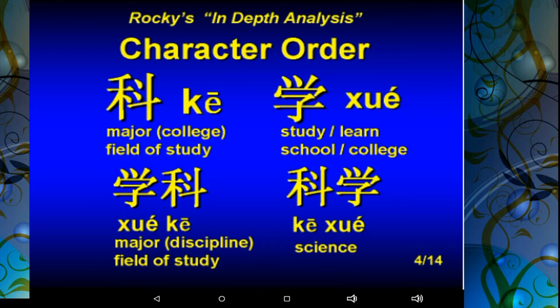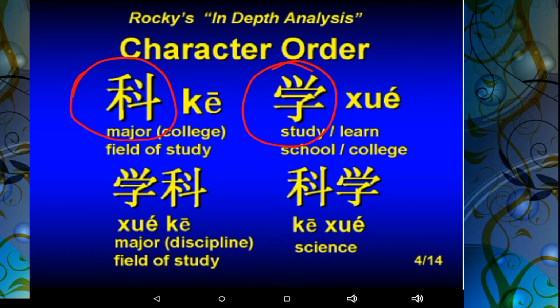I want to talk to you about character order. When you're writing, it is very important to know the character order of how you write. For instance, our topic today is the 科 character, right? I'm talking to you about the 科. But in the sentences, we use this character, which is 缺, right? 缺.